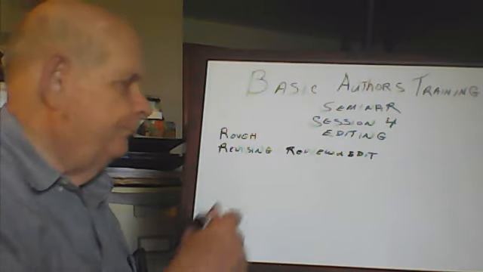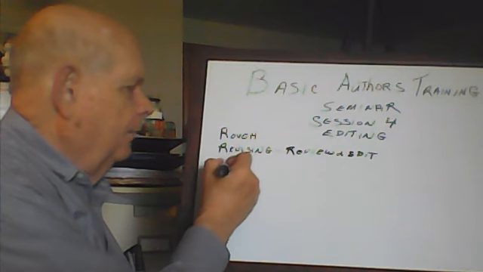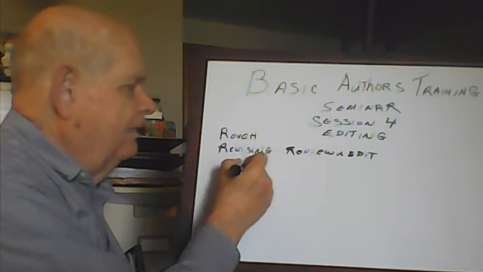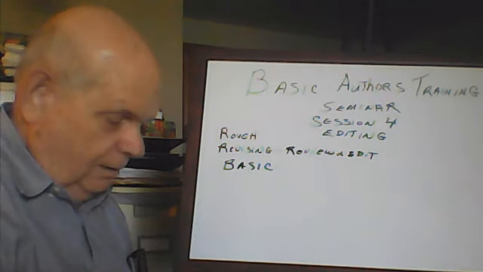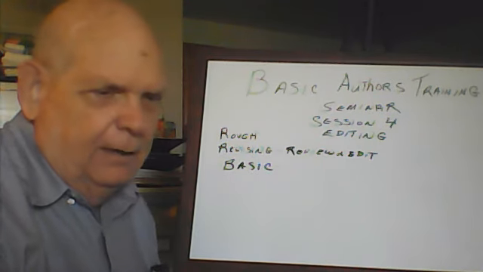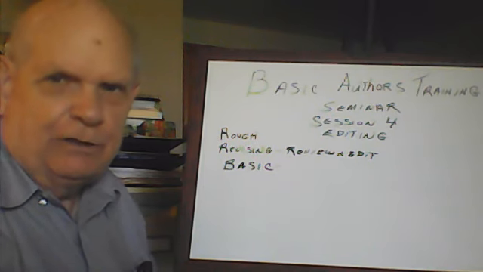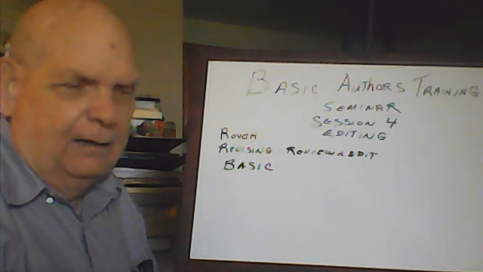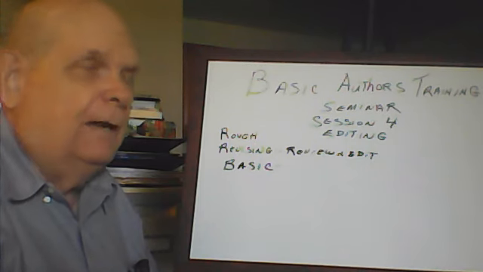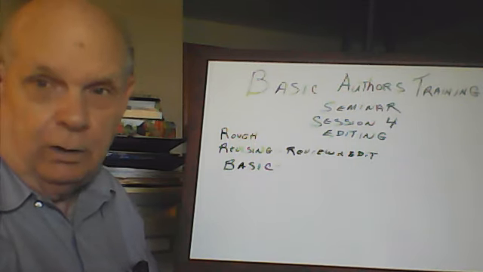Now we get into what I call basic. Now everybody has their own idea of what basic editing is. So I'm going to tell you, this again is a chapter by chapter. Basic editing can also be not only chapter by chapter, but can be the end of the book.